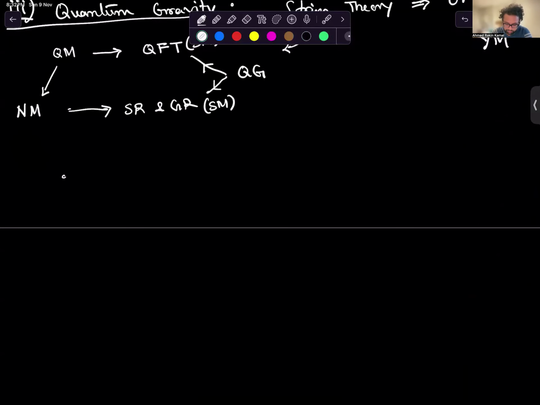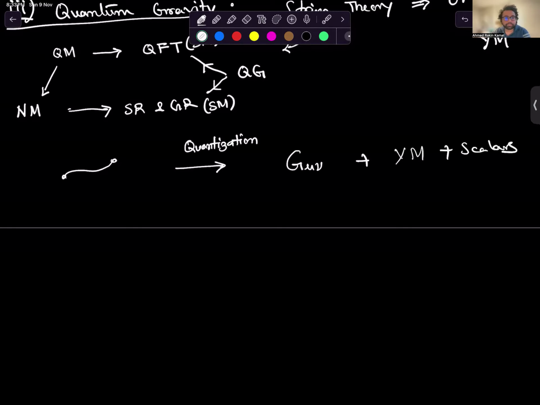The story of string theory is very simple. You have a relativistic string, you quantize it, and you have dynamically given rise to gravity, that is the metric, plus Yang-Mills theories plus scalars. So this arises dynamically when we quantize a relativistic string.